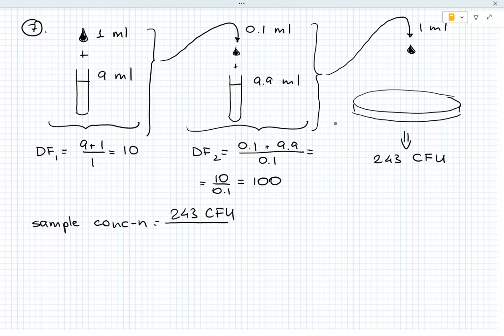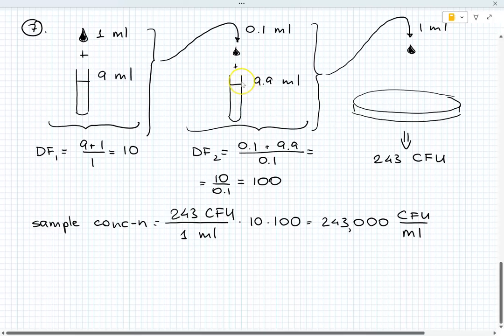What do you put in the denominator, the bottom? 1 ml, which we added to the plate. And what do you do with dilution factors? Times 10 times 100. And that gives you 243,000 colony forming units per ml. Okay? Make sense, everyone?